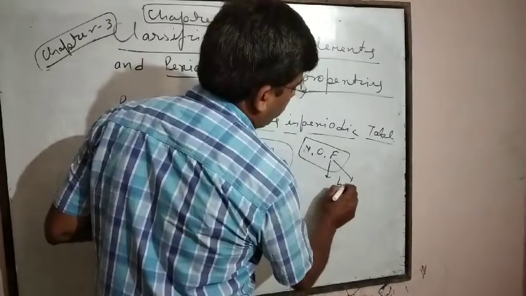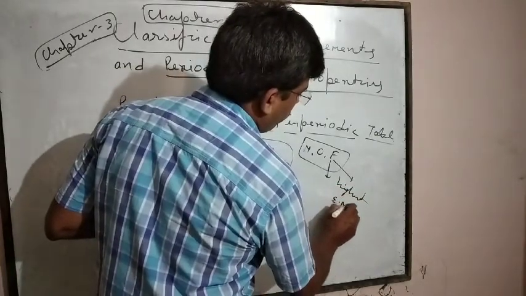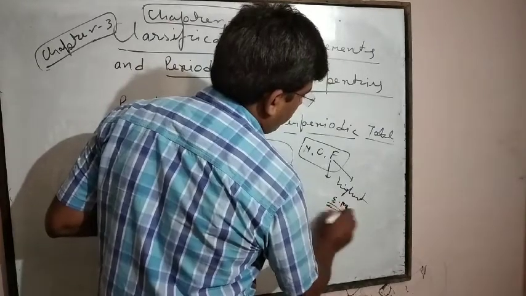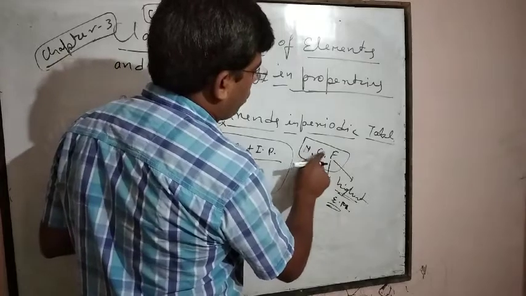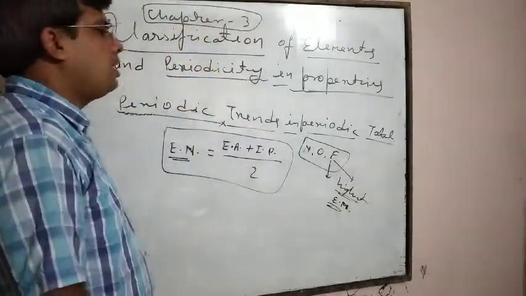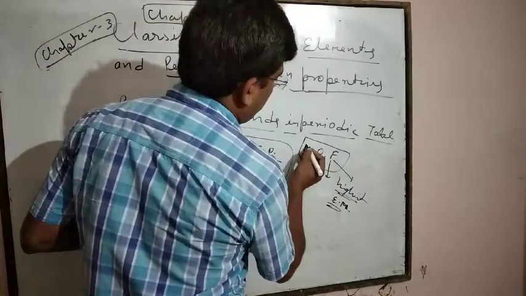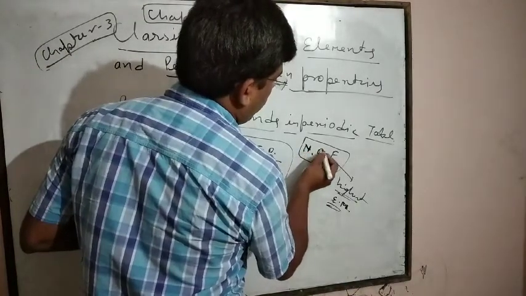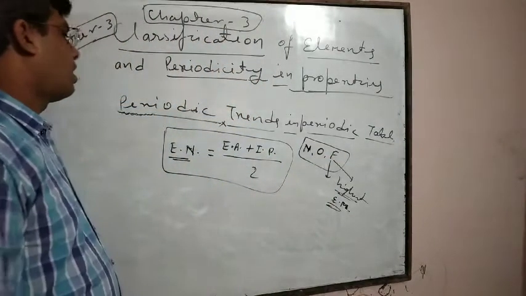That's why fluorine has the highest EN, electronegativity. You should keep it in mind. So these are the three most electronegative elements: nitrogen, oxygen, and the third one is fluorine.